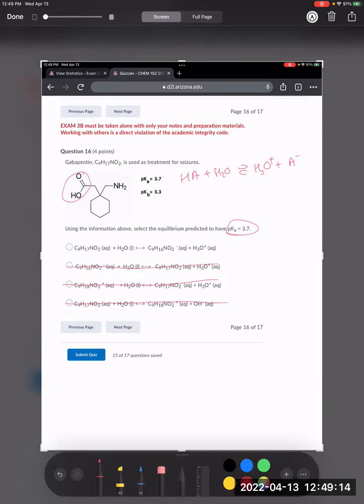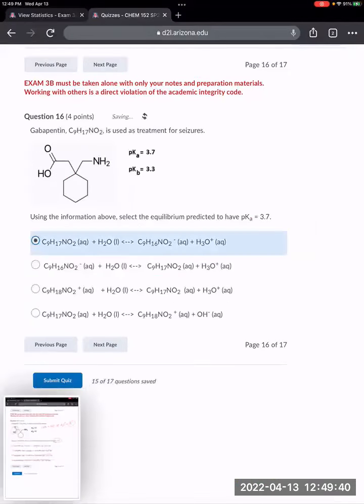The only remaining answer is option A. Going from reactant to product, we have lost one proton, with a minus charge. 17 became 16 with minus charge, which corresponds to our conjugate base, which is our correct answer. So the correct answer is option A.